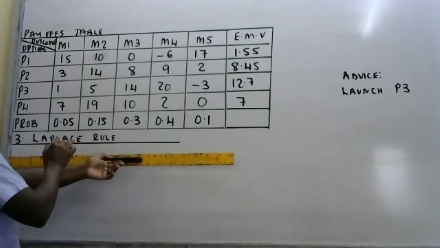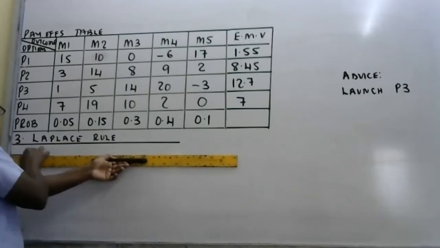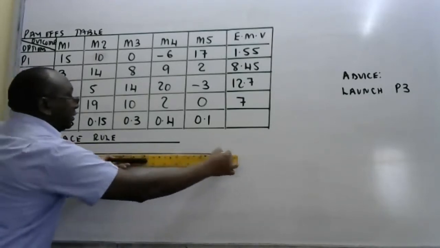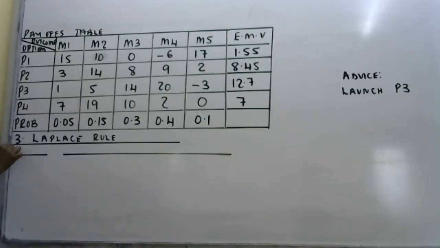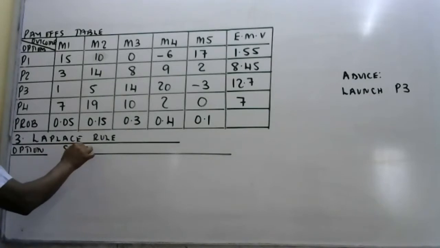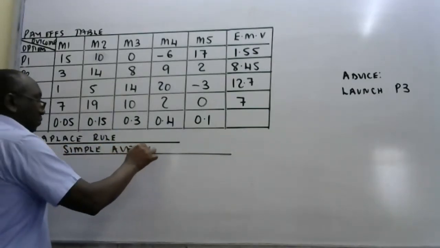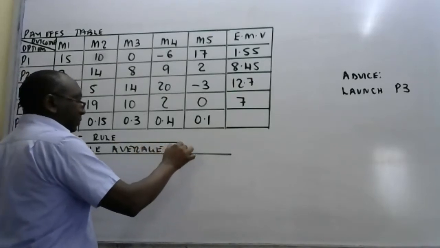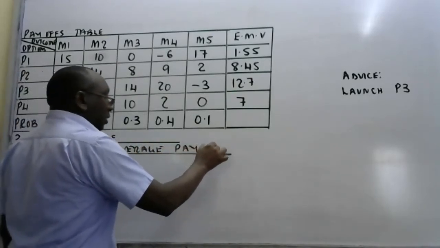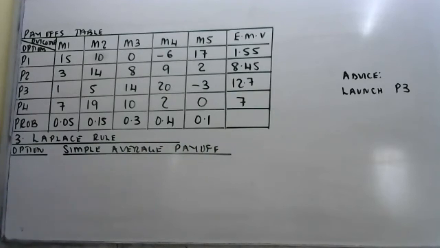And Raprez rule is also arranged like this. We have the option here. Then we compute something called simple average payoff.